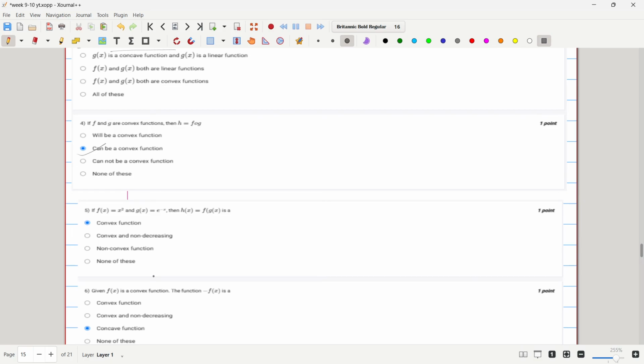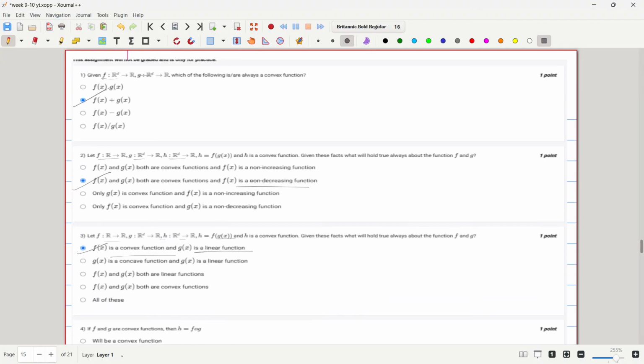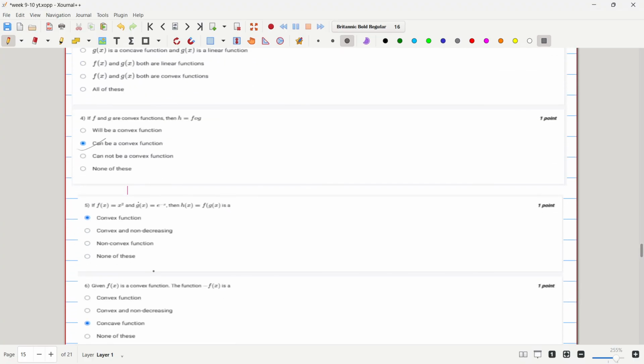Why? Because the full condition was f and g both should be convex functions, and f should be a non-decreasing function. It is not mentioned here, so it can be a convex function and it can't be a convex function. Both the conditions can be true. If they write that f is non-decreasing also, then it will be a convex function. But for now, it can be a convex function.